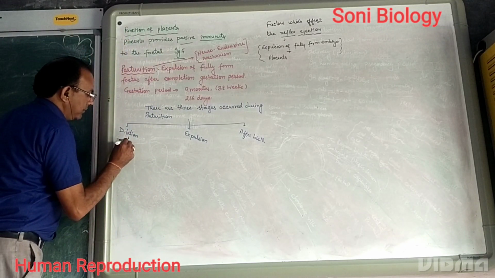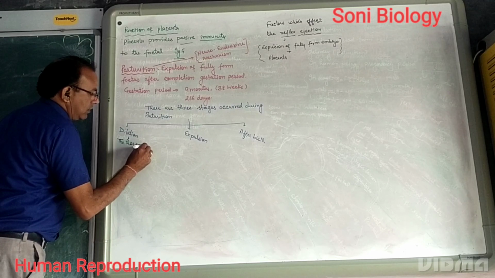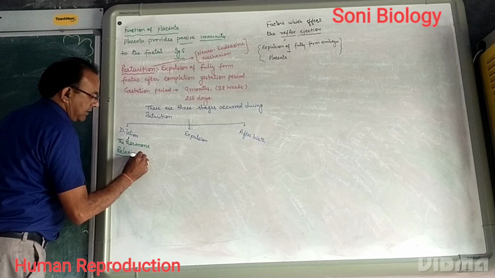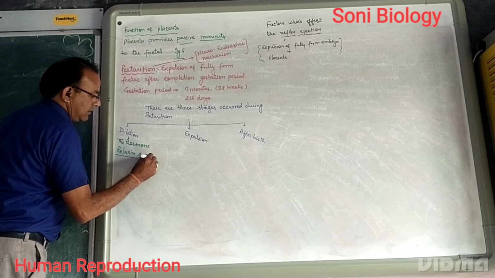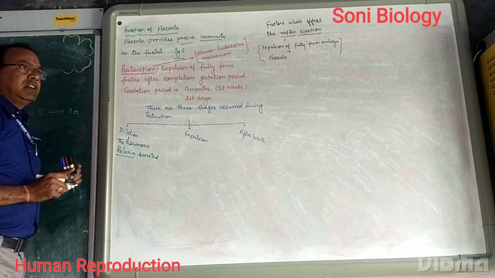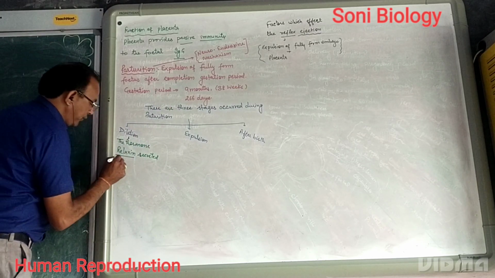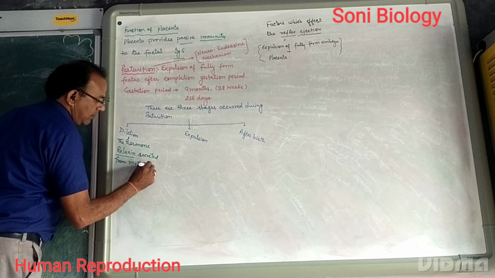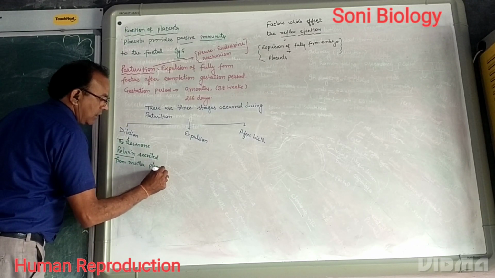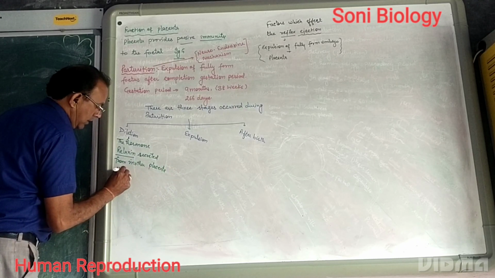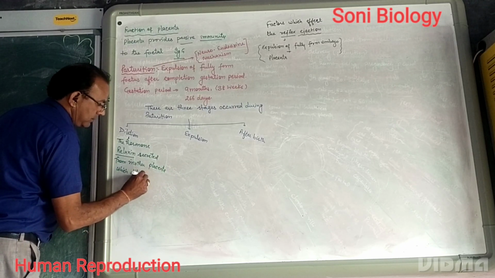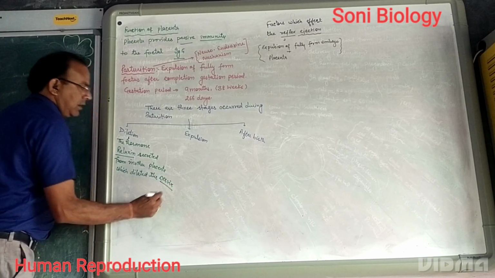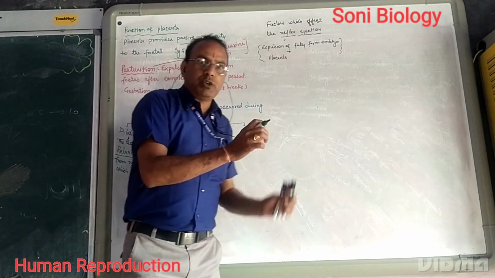Dilation: the hormone is relaxin, secreted just before the parturition process from the mother's placenta, which dilates the cervix, and the head comes closer to the cervix.